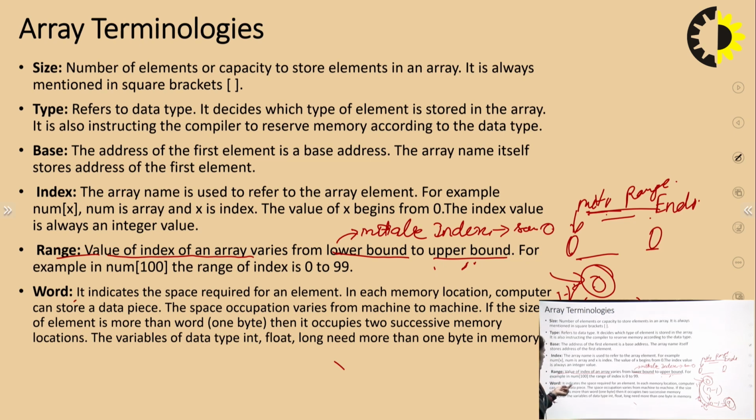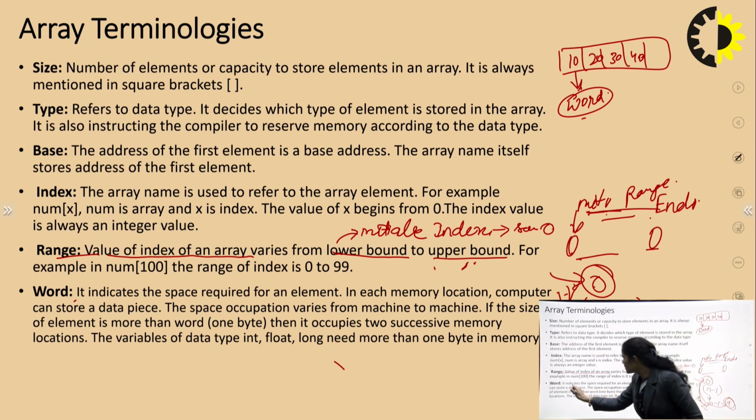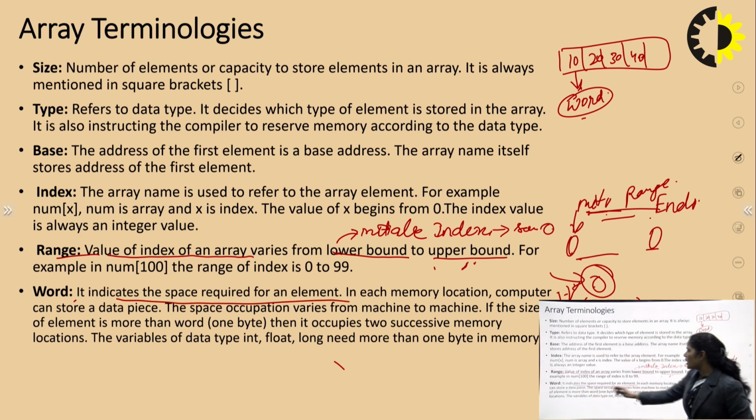Next, we will talk about the word. So what is the word? Word is nothing but the space required to store a particular element. Everything is considered in memory. If I am storing 10, 20, 30, 40, here 10 is a word, right? It indicates the space required to store an element.